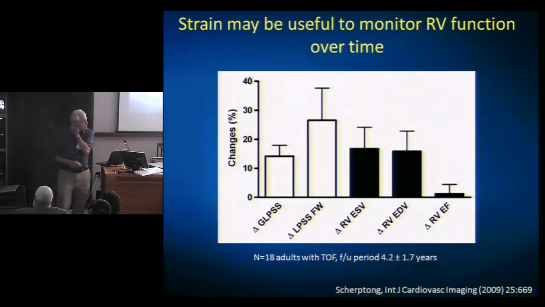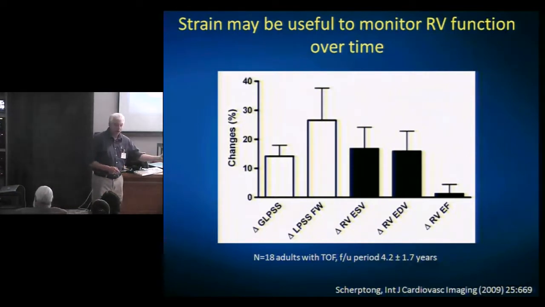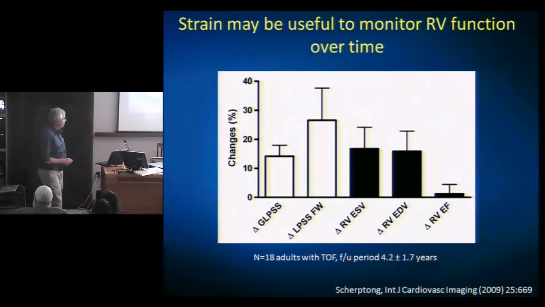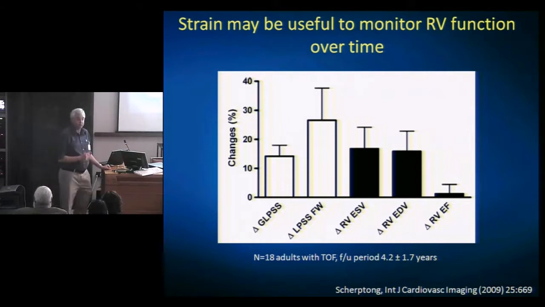But what may be useful in strain imaging, because we can acquire it very easily during the echocardiogram, and analysis is relatively simple to perform, is that if you have sufficient reliability, you can follow the patient over time, because I told you that this is a progressive condition in terms of the ventricular dysfunction.